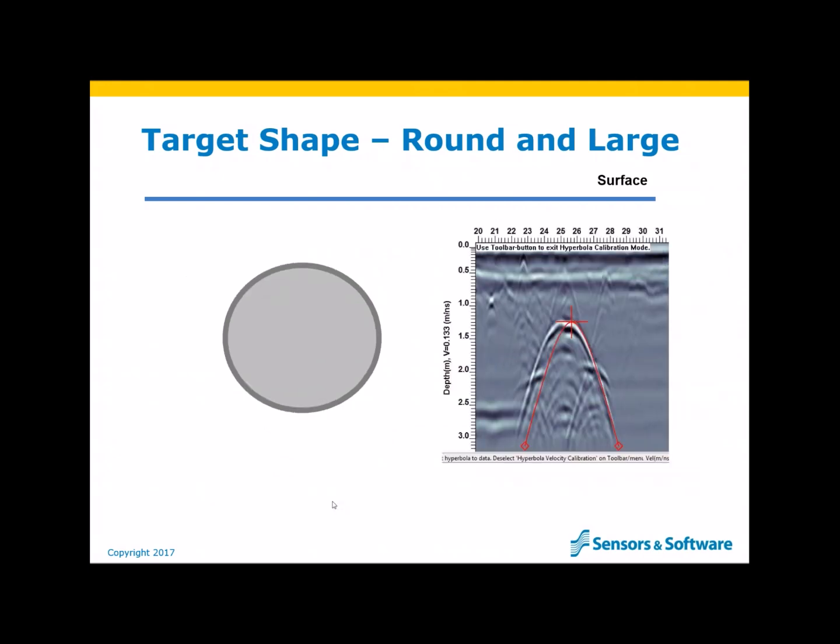The hyperbola fitting method is based on the object being a small point object. So when you do a hyperbola fitting on a hyperbola from a large diameter object, you have to match the shape to one side of the hyperbola, not try to fit it to both sides at the same time. If you fit it to one side, you will get the correct velocity and therefore get better estimates of depth.